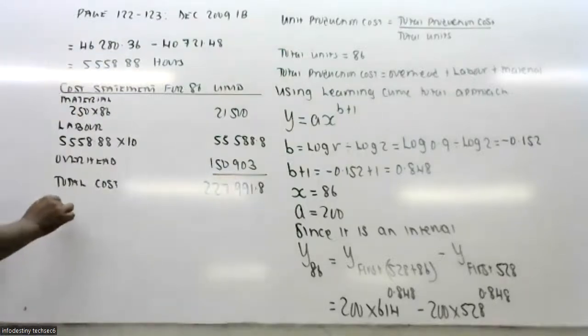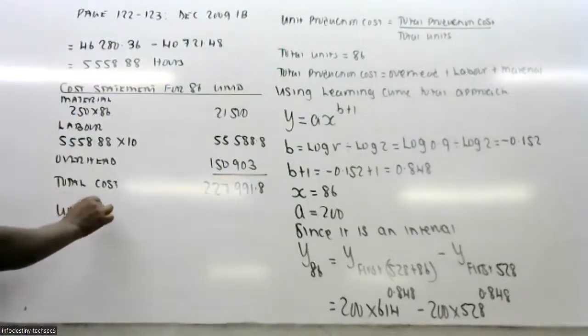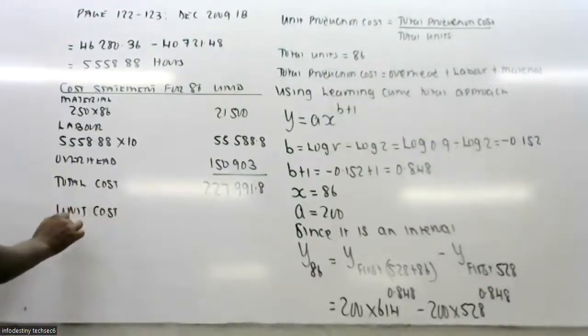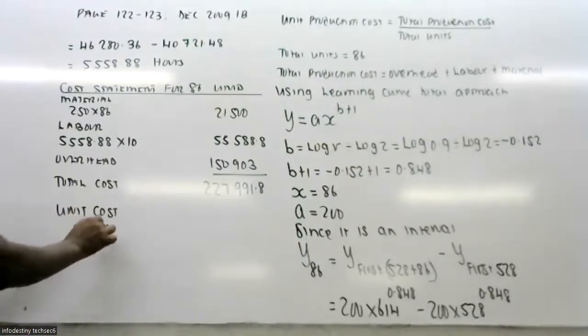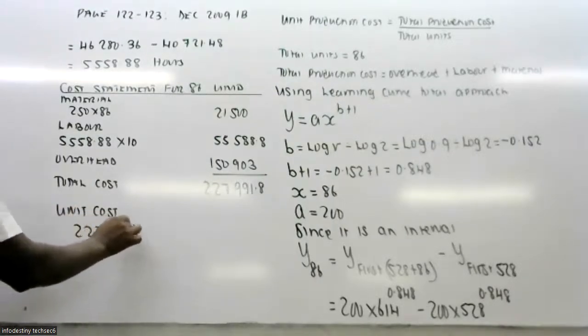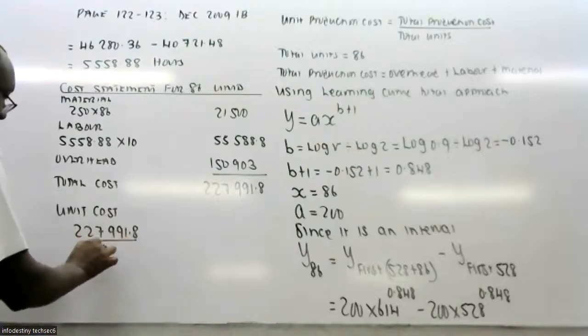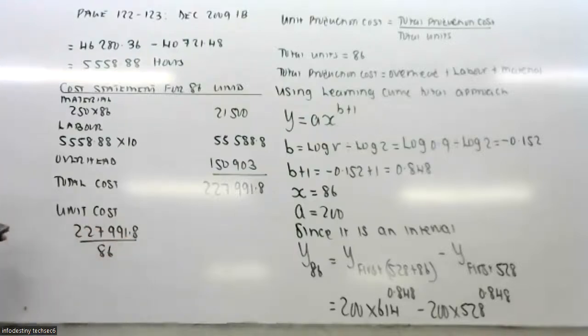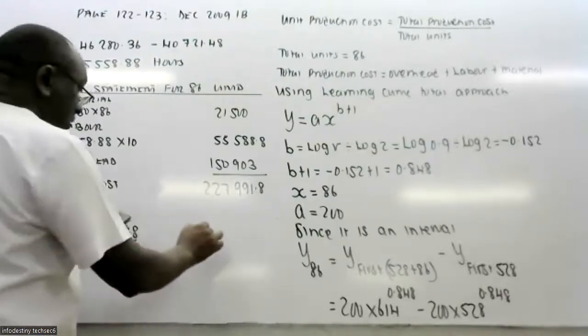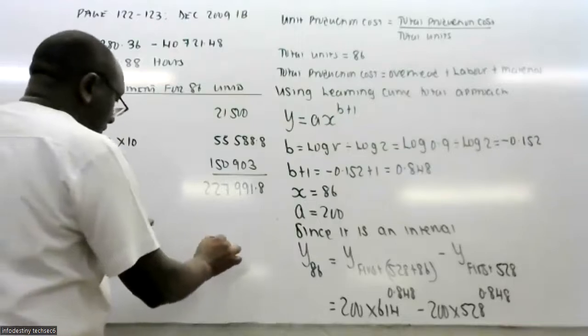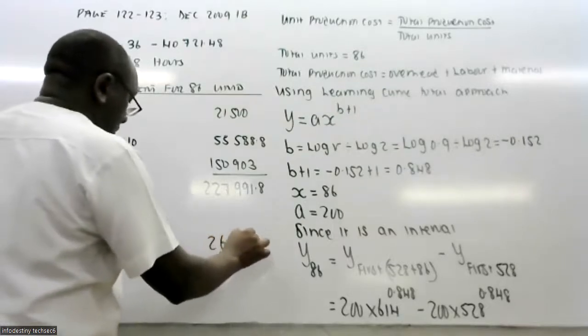And then my answer will be unit cost. Unit cost will then be these 227,991.8 divided by 86, which is 2,651.07.